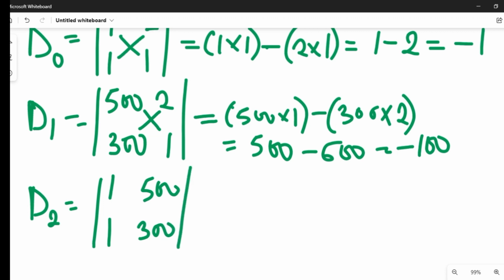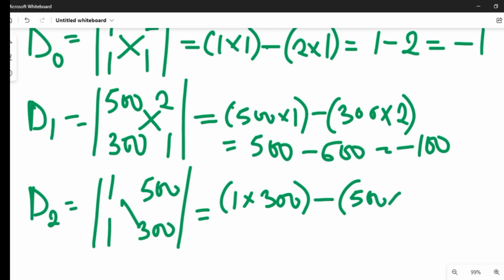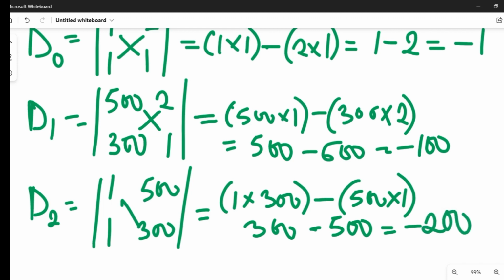If we find this, we are going to have 1 times 300 minus 500 times 1. And this will give us 300 minus 500, which will be equal to minus 200.